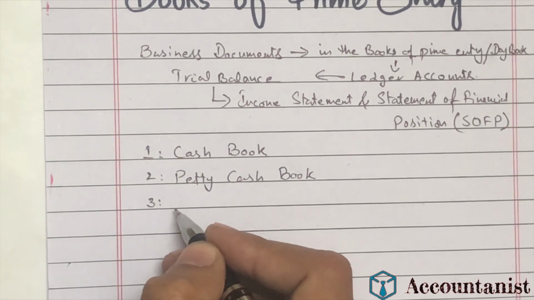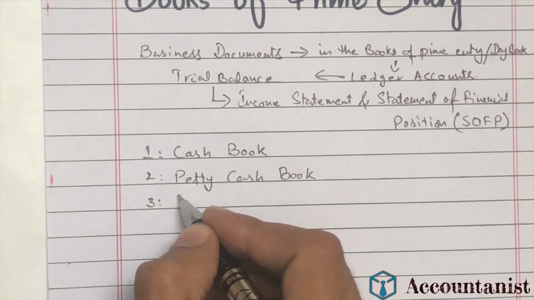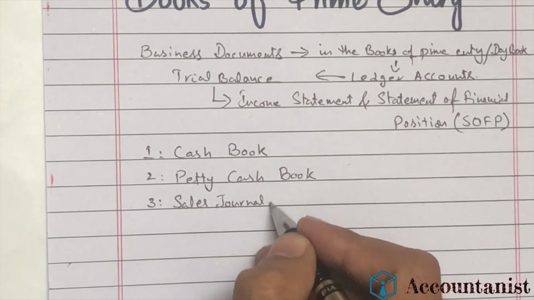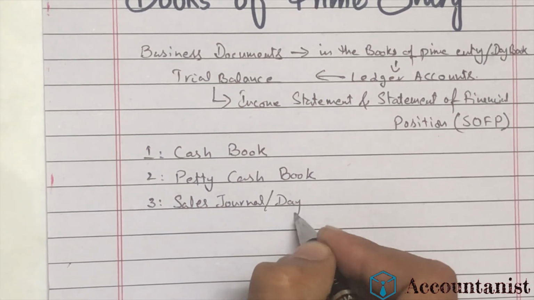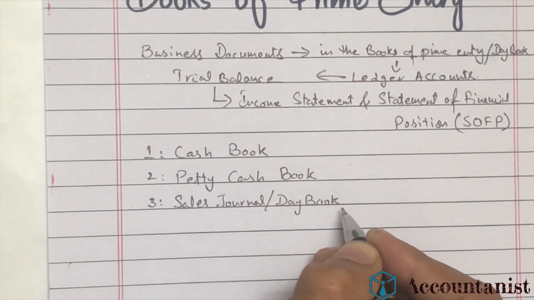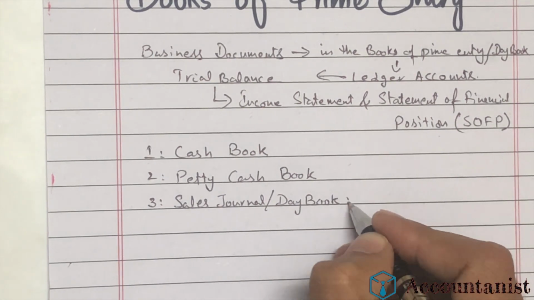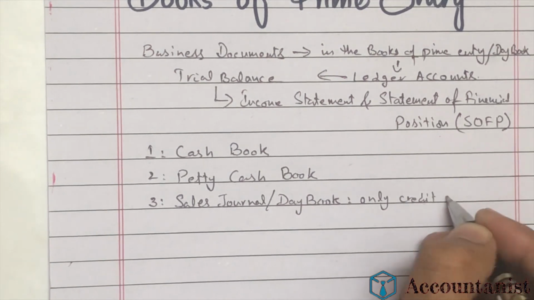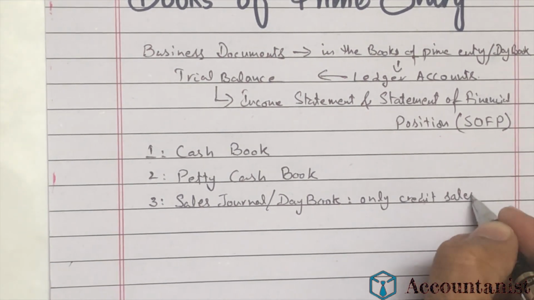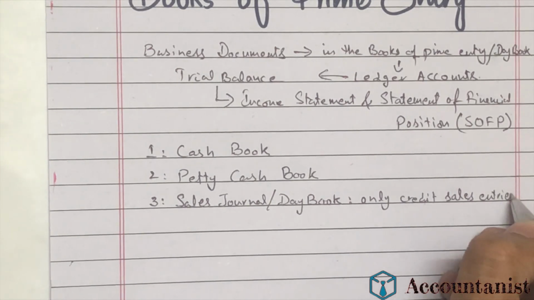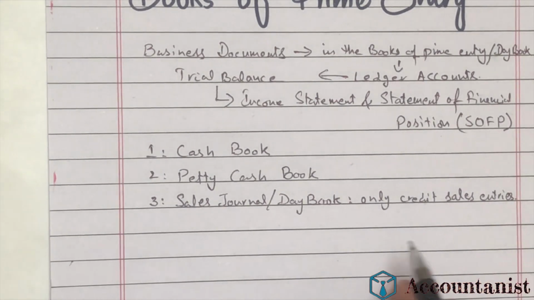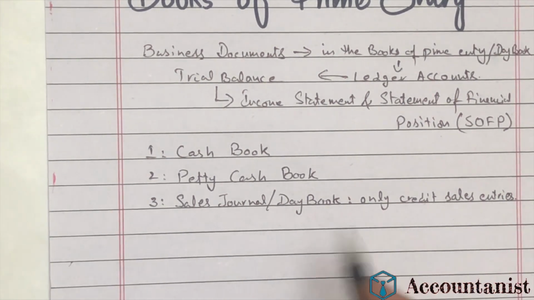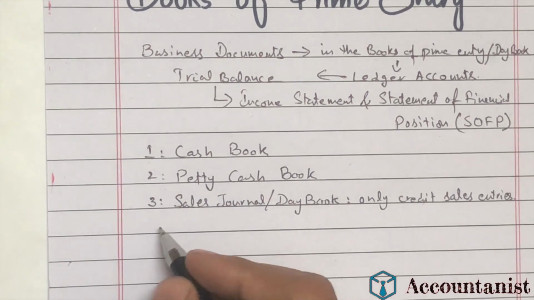The next one is the sales journal, or we name it the sales daybook, in which we record only credit sales entries, meaning the sales that we made on credit, we record only in this daybook.